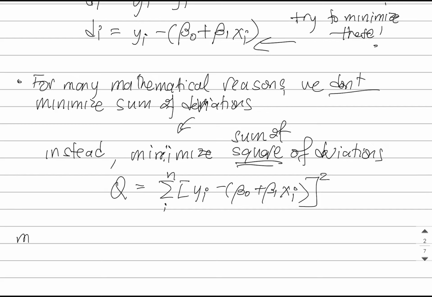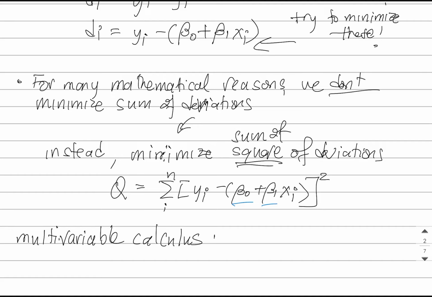To do this, there's a tried and true way. You can use calculus. And in particular, we don't know what this beta naught and beta 1 are, so that means we've got to use multivariable calculus to minimize it.